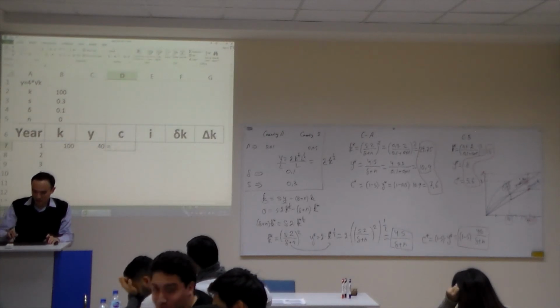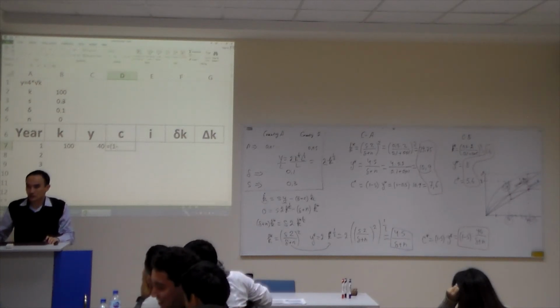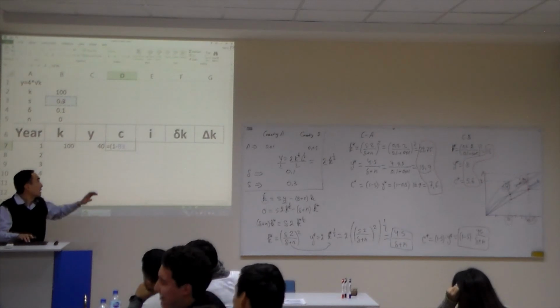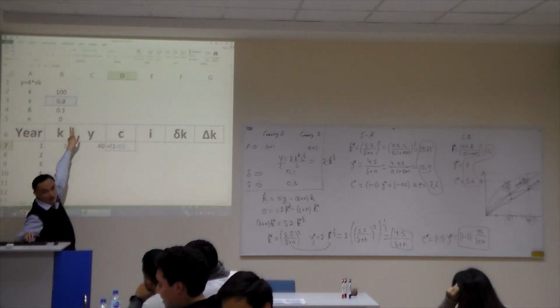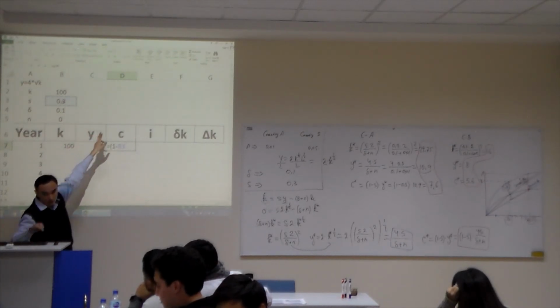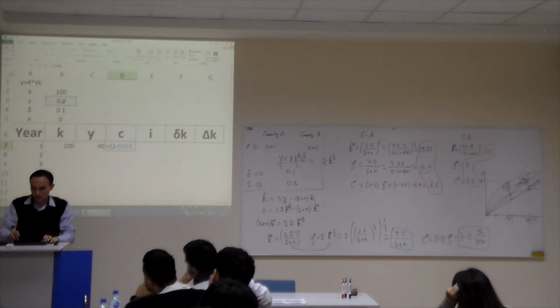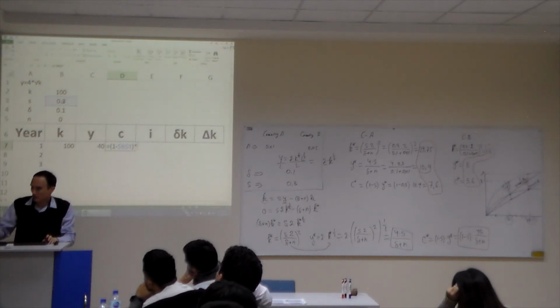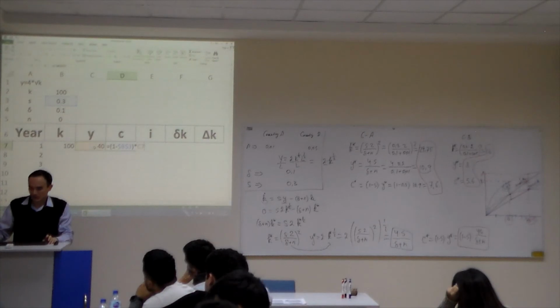Consumption, we know it's equal to 1 minus the saving rate, which is 30%. Is the saving rate going to change? No, it's constant. You make it constant. Times output, which is equal to 28.